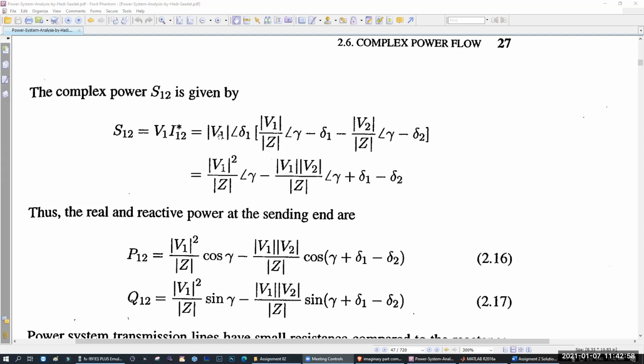See, V1 angle delta 1. So V1 divided by Z, gamma minus delta 1. Why is gamma at the front? Can anyone explain why gamma is at the front and why this is minus?